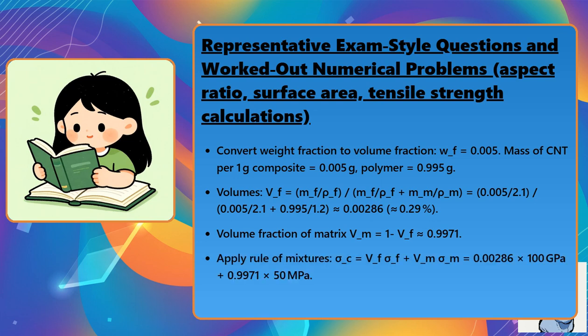Apply rule of mixtures. Sigma sub C equals Vf sigma sub F plus Vm sigma sub M equals 0.00286 times 100 gigapascals plus 0.9971 times 50 megapascals.